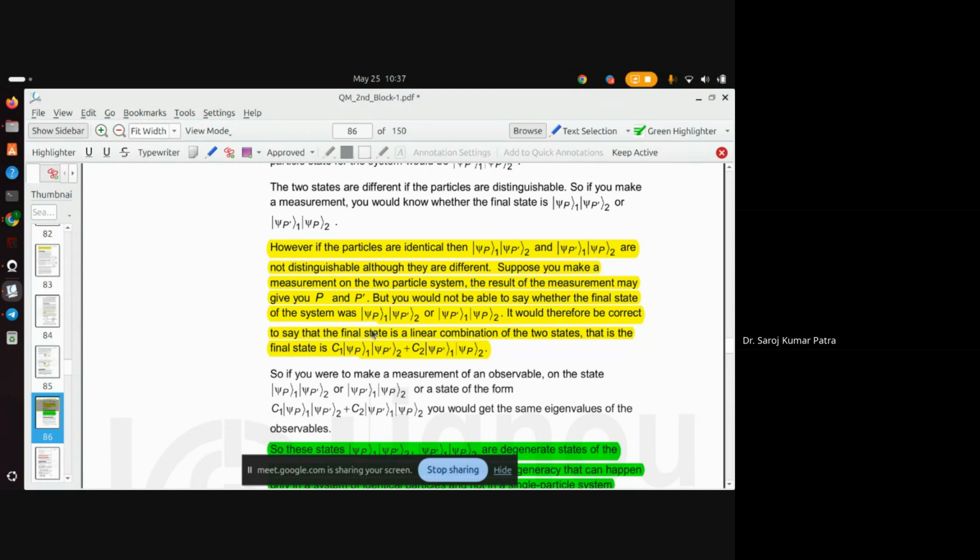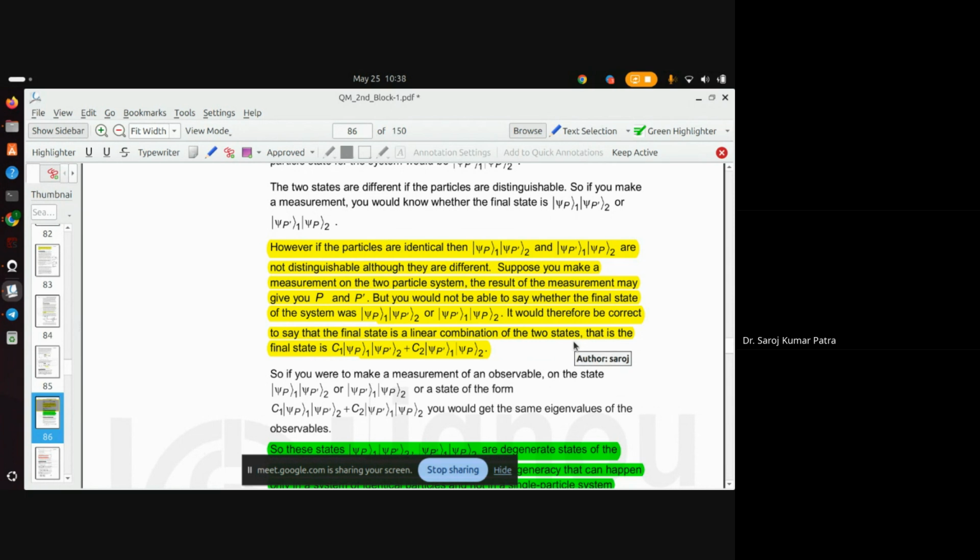Suppose you make a measurement on the two particle system, and the result of the measurement may give you P and P prime, but you would not be able to say whether the final state of the system was psi p1 psi p prime 2 or psi p prime 1 psi p2. मतलब फिर एक्सचेंज हुआ है या नहीं हुआ है हम नहीं बता सकते हैं. It would therefore be correct to say the final state is a linear combination of the two states.